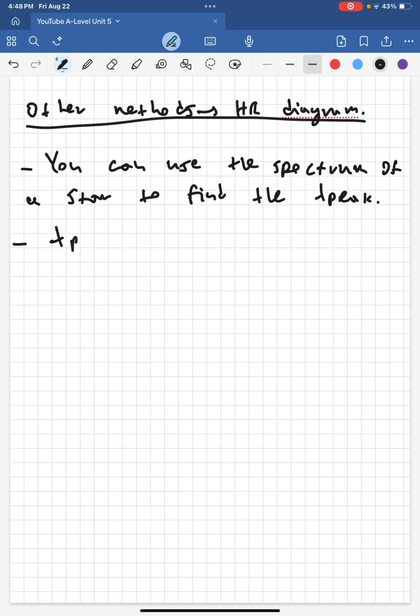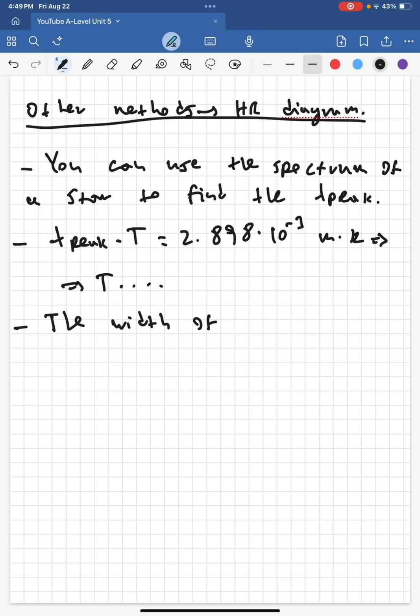Okay, then from that peak wavelength, you can use Wien's law, which I'm writing down right now, to find T. Okay, and then once you find the temperature, you can determine, actually the width of the spectral lines can tell you whether a star is in the main sequence.